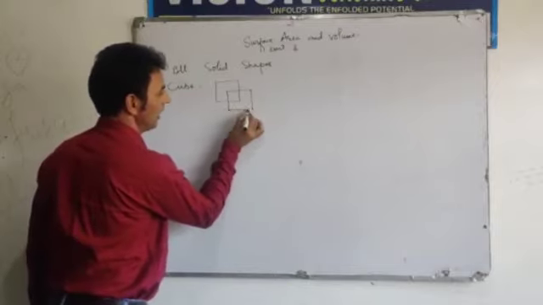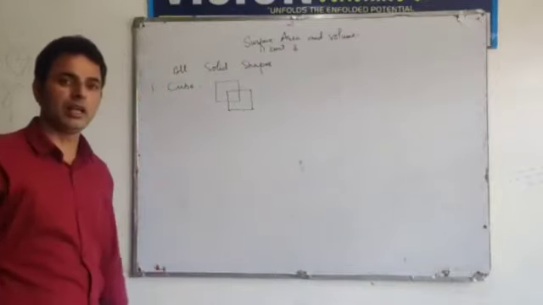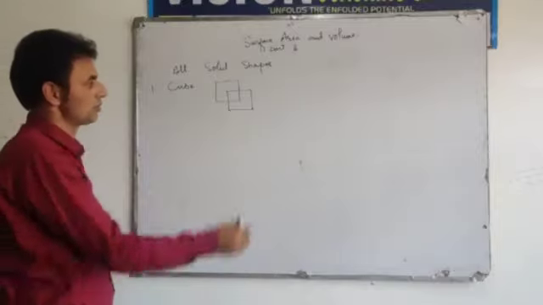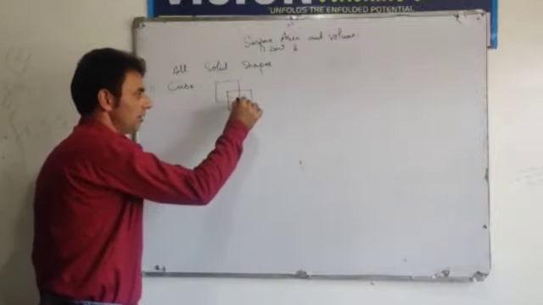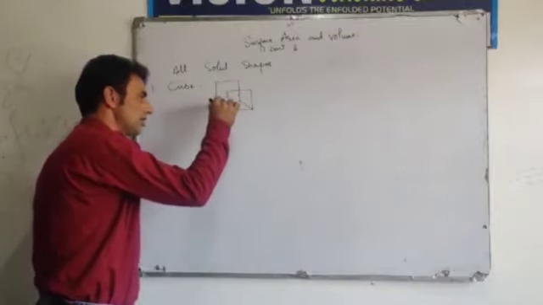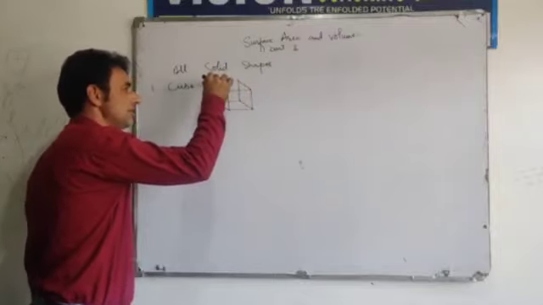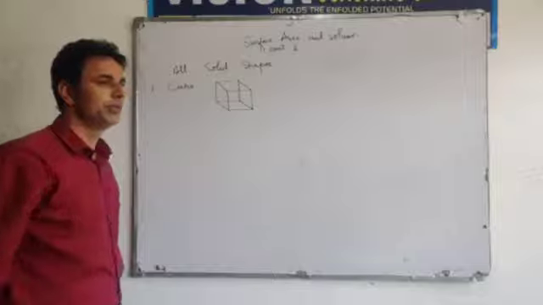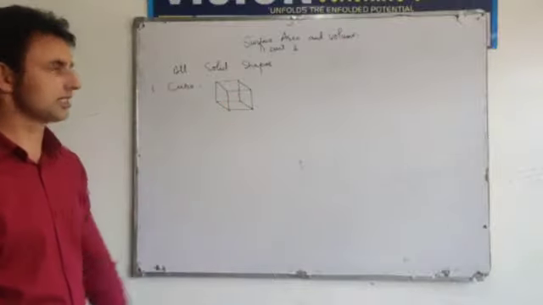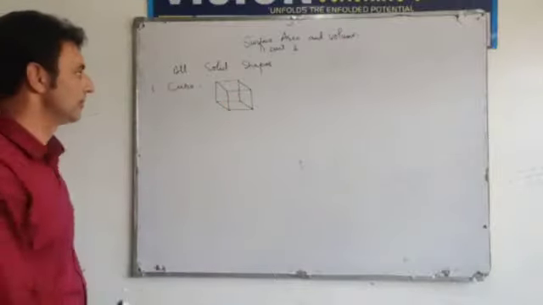There should not be any difference between the length of the sides of these two squares. Then you have to join the corresponding vertices. After joining these corresponding vertices, the solid shape that you will get here is called a cube.